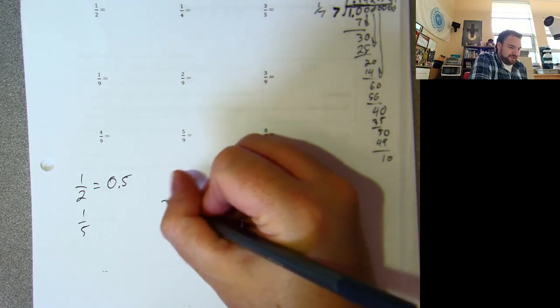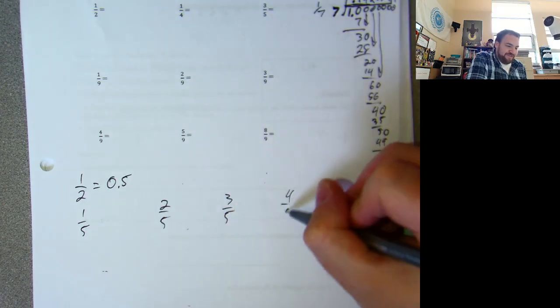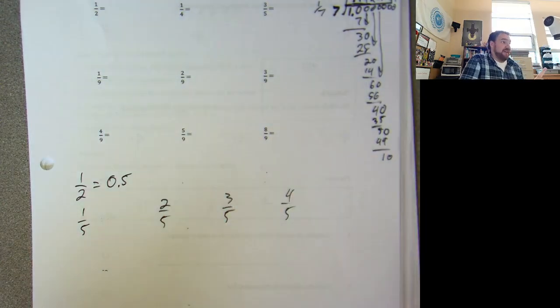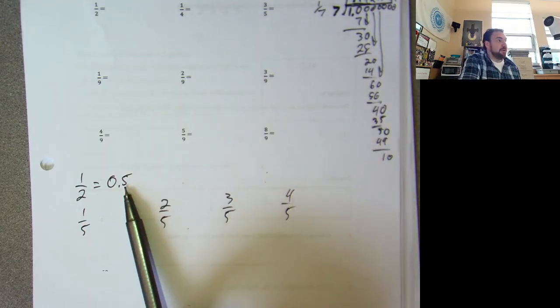1/5, 2/5, 3/5, 4/5. You said 4/5 is what? Is it? 0.4. The 4 is in the... What's the place value here?